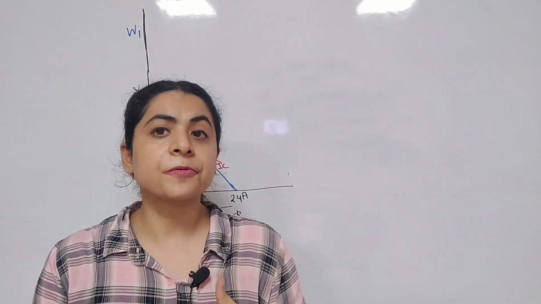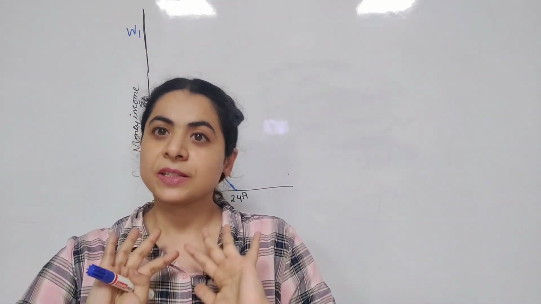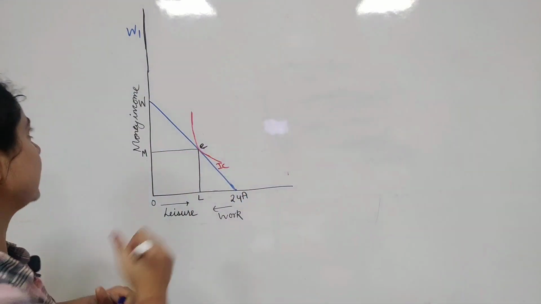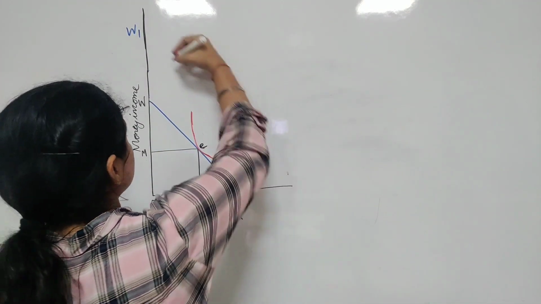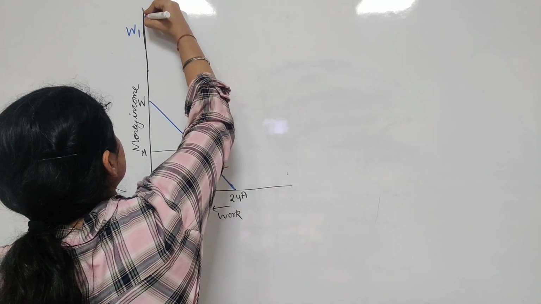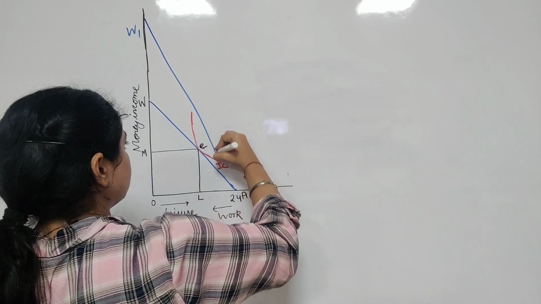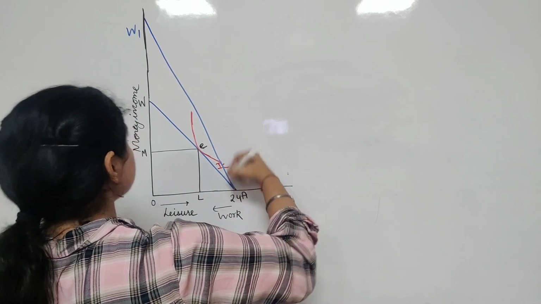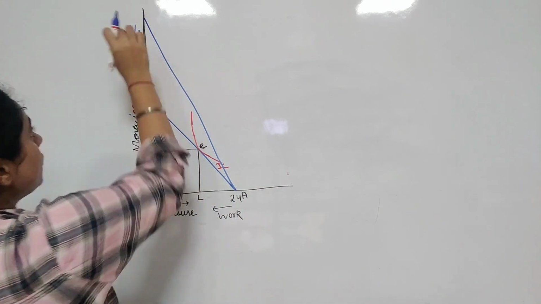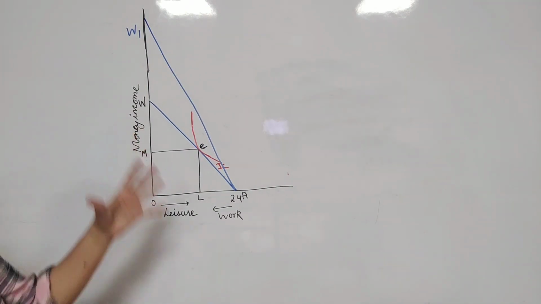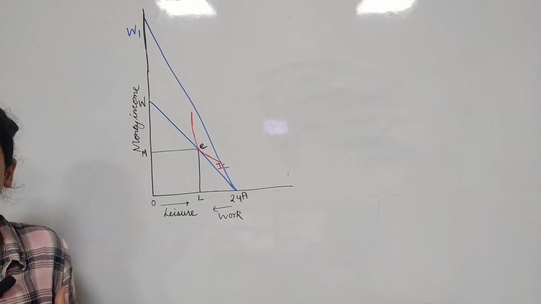Now let's suppose that the wage rate increases from $10 per hour to $12 per hour. In this case, this wage line will rotate, and it will be drawn like this, the new wage rate, and there will be a change in the equilibrium position.